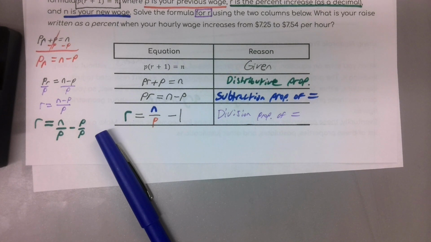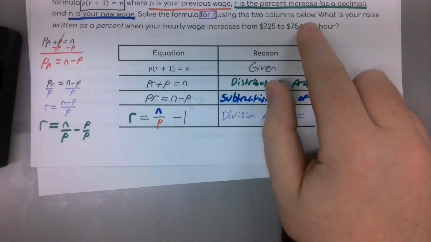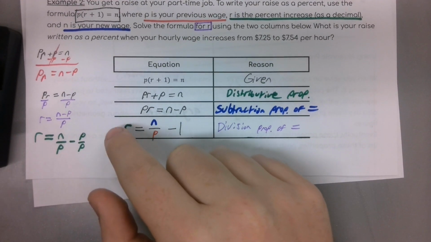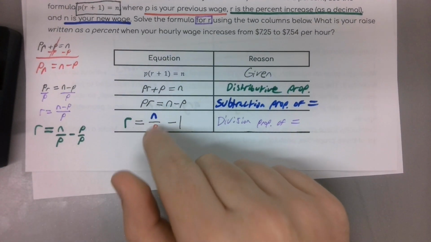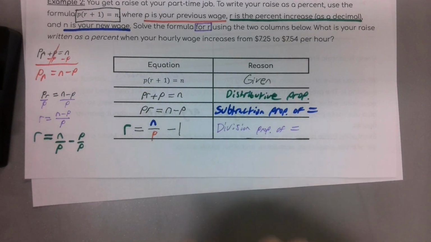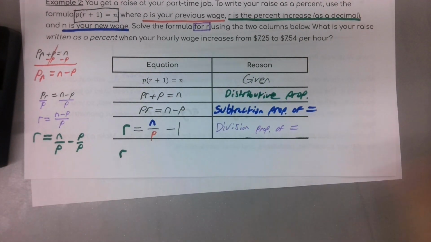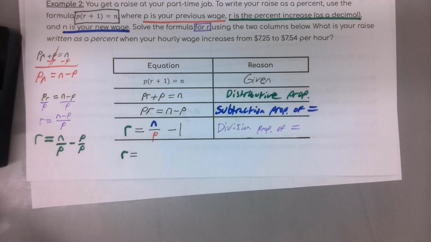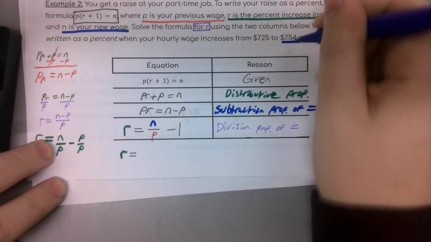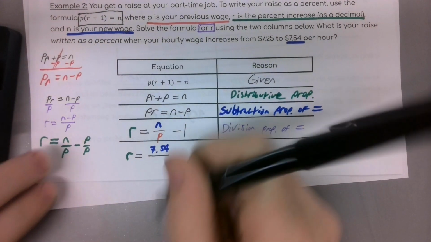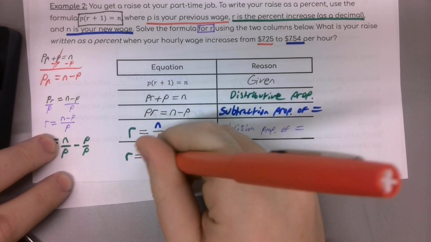We have finished the first part of the problem, solving the formula for R. Our rate, or our percent increase I should say, is our new wage divided by our previous wage minus 1. So all we need to do now to find our increase, our R value, is to plug in what we know. We know that our new wage is $7.54 an hour, and we know that our previous wage was $7.25 an hour.